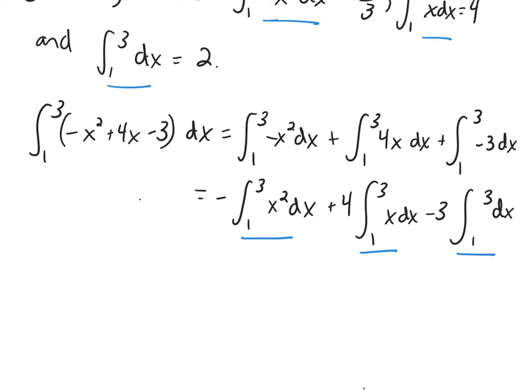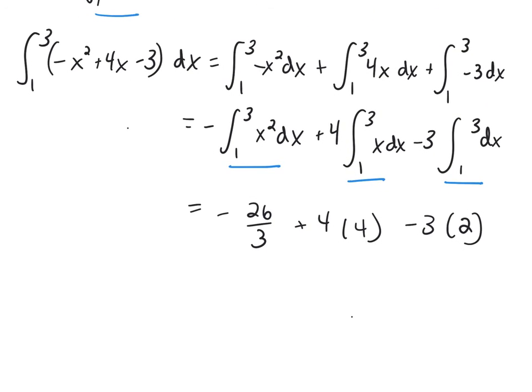So this is negative 26 over 3 plus 4 times, this one was 4, and then a minus 3, and we were told that this one was 2.